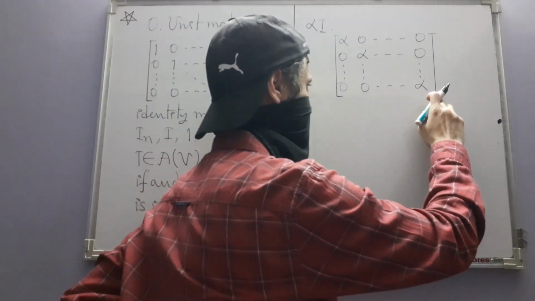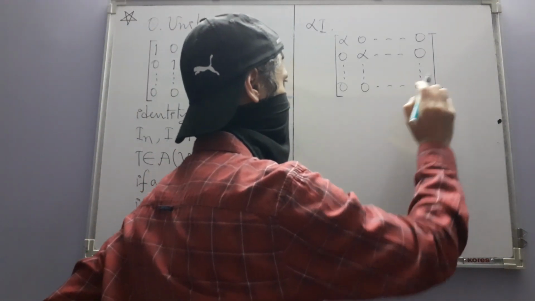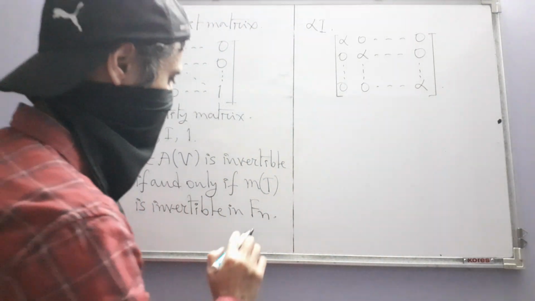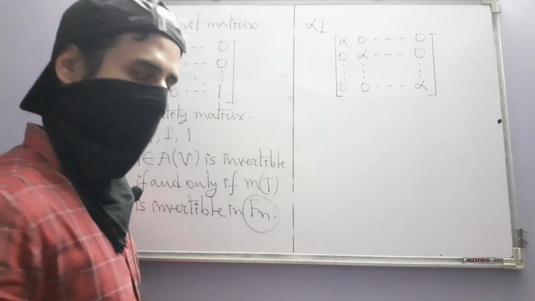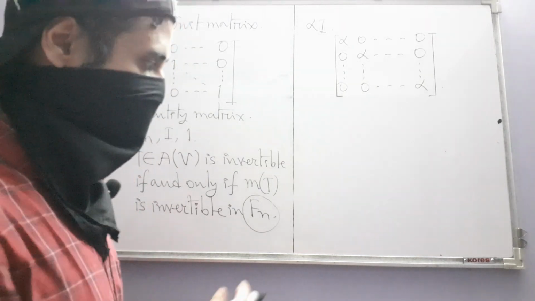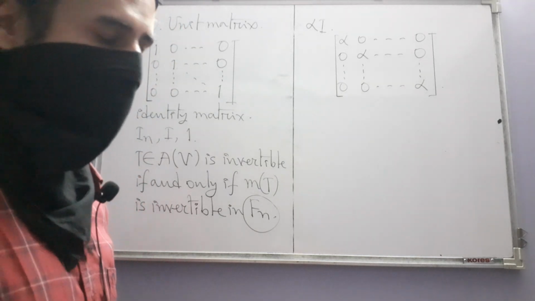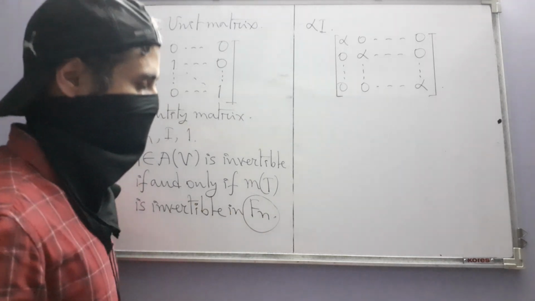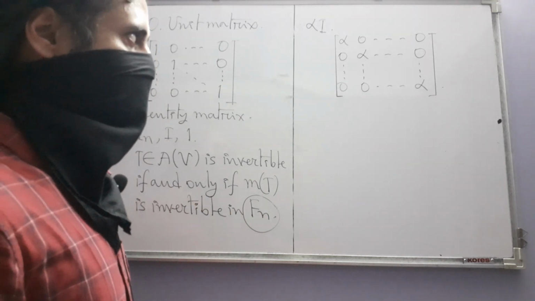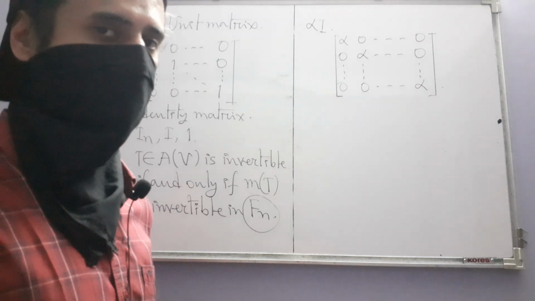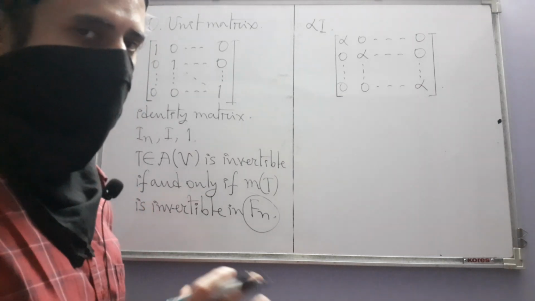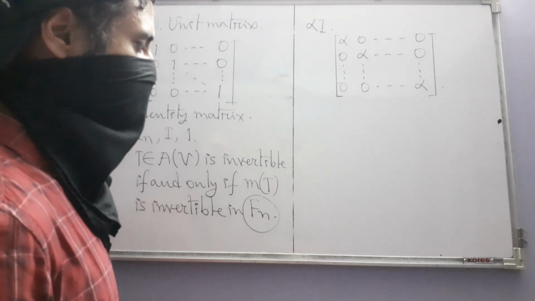These matrices, it turns out, commute with every matrix of Fn. But the converse is also true. Any matrix that commutes with all the elements of Fn turns out to be a scalar matrix. It cannot be anything else. So they have some kind of special role to play.